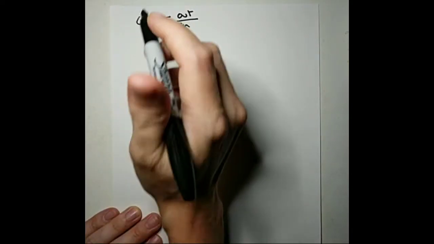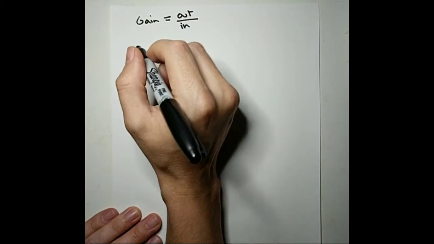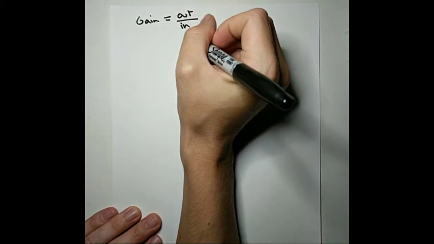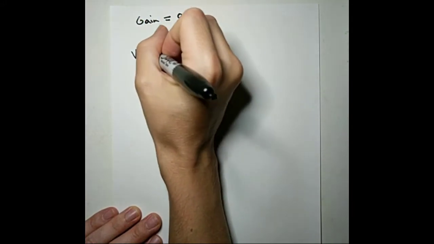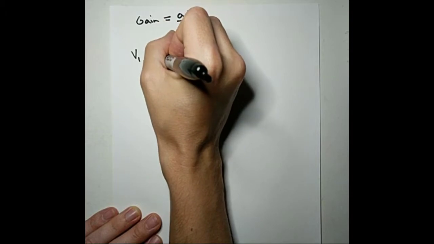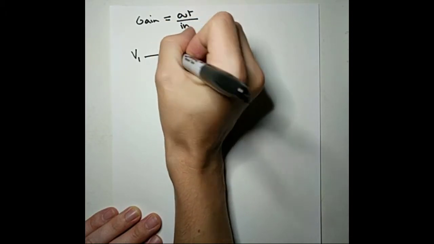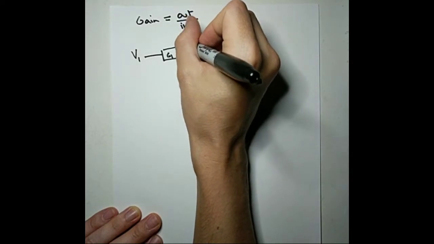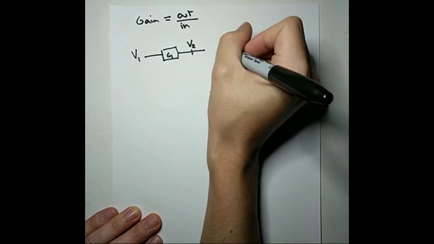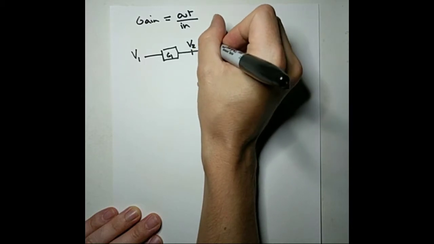So if we want to look at some system of gains. For example, if we have some voltage and we put it through some element with a gain G1, we get V2 after that.